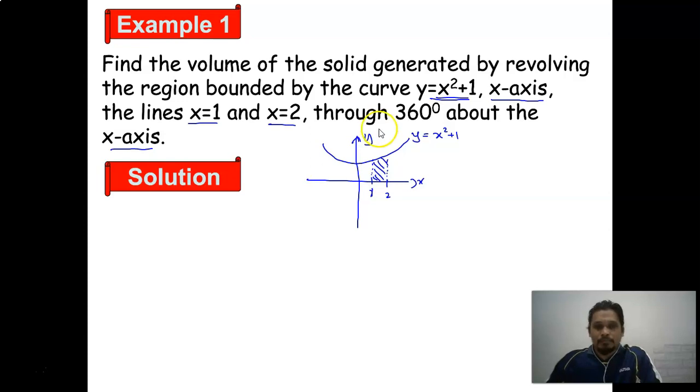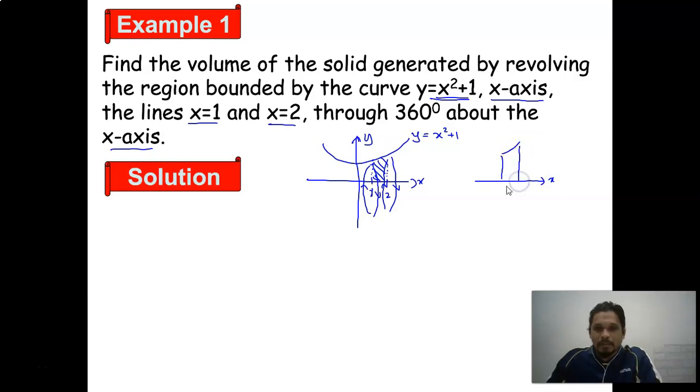So this is the area. Right now, we're talking about the volume. Just imagine that if this is rotated 360 degrees about the x-axis, it gives us something like this. This is the x-axis, and this is a part of it.